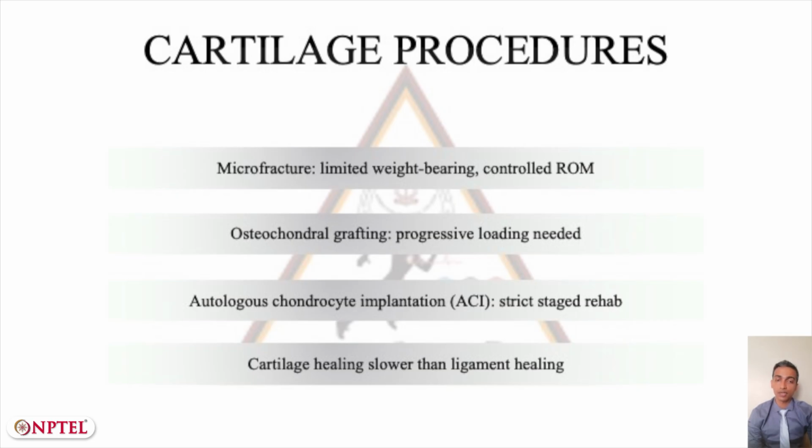Autologous chondrocyte implantation requires staged rehab protocols extending for months. These patients often progress more slowly than standard ACL cases, and ignoring these restrictions can compromise the surgical repair and extend the rehabilitation protocol.